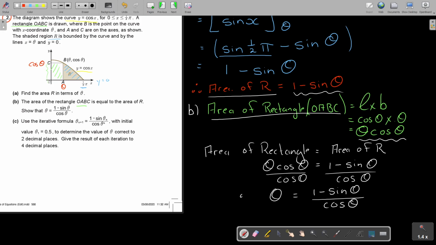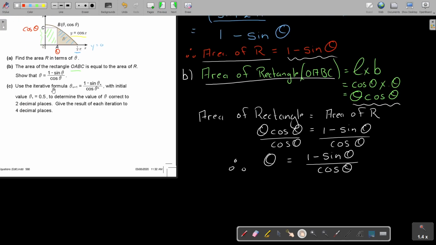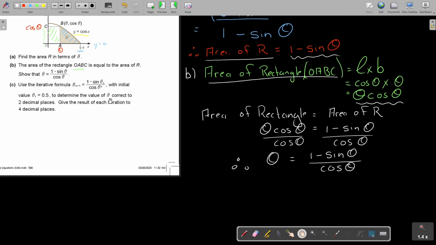Now they go on, they say use the iterative formula with initial value, they give it to you, 0.5, to determine the value of theta, correct to 2 decimal places. Give the results of each iteration to 4 decimal places.